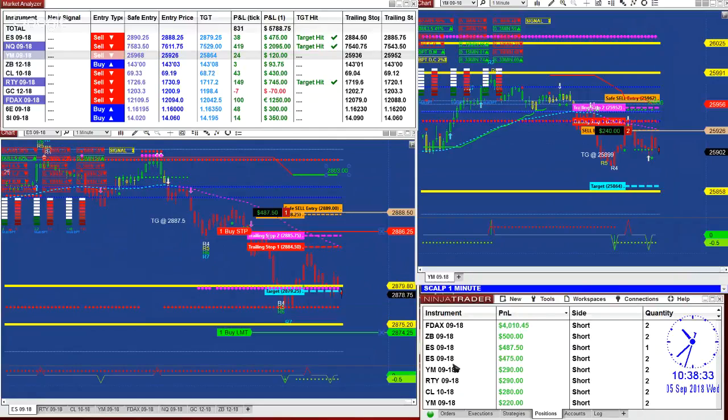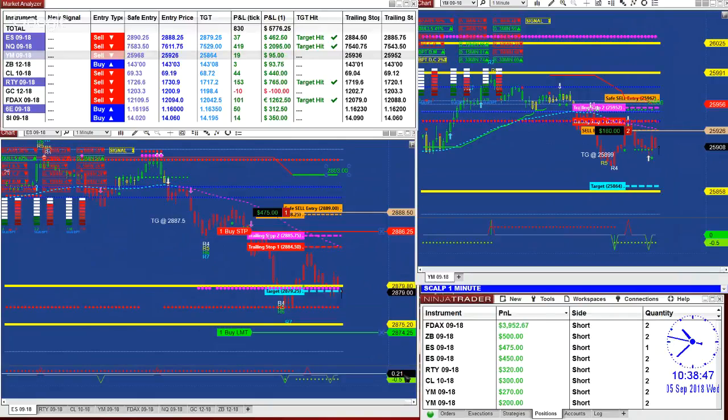Today is only 300, 400. There is not much, except the DAX is a totally different animal. But if we look from the 30-year Treasury bond to the ES, Russell, CL, they are only in small numbers, 300, 400, 500.